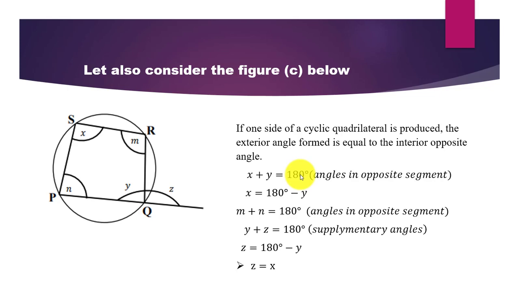Right. In this diagram, angle X plus angle Y gives us 180 degrees because they are angles in opposite segments. When we make angle X the subject, we get 180 degrees minus Y.